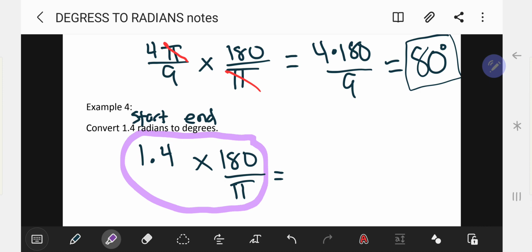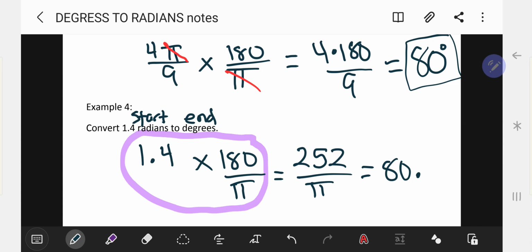Sorry, I don't know why it's taking me so long to put this in the calculator. I can't find pi. Oh, there it is. Okay, so I multiplied and I got 252 divided by pi, which gives me 80.21.